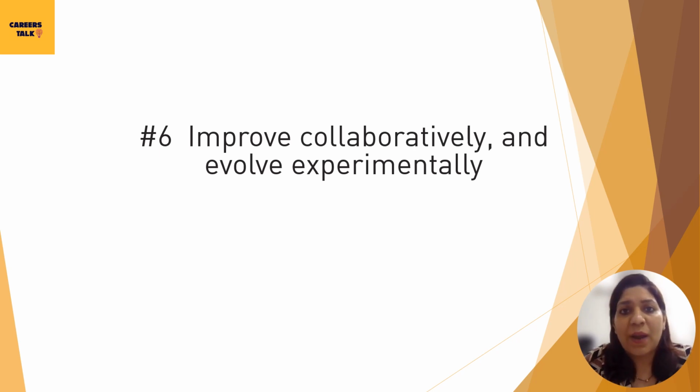Okay, the last practice that I'm going to talk about today in Kanban is improve collaboratively and evolve experimentally. In other words, it's about the team learning as a whole, having a shared understanding of the problem, coming up with the solutions together, trying them out, observing the results to see if they are looking better, and then deciding what to do next.